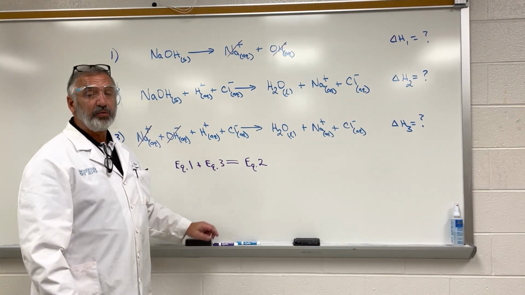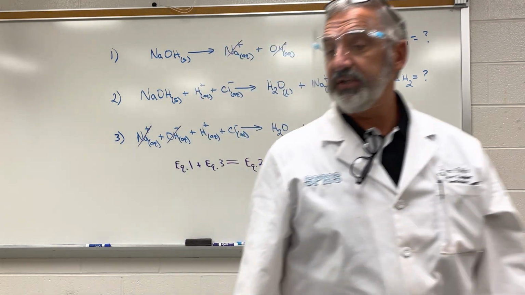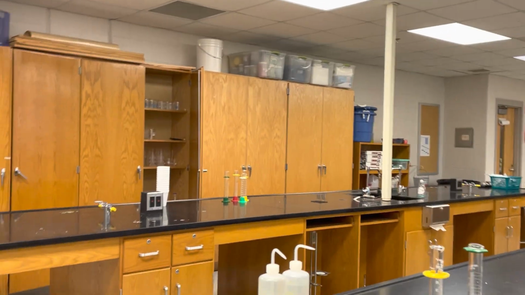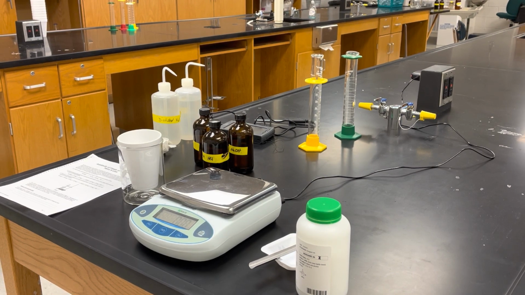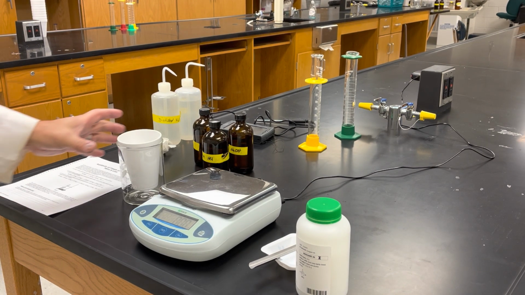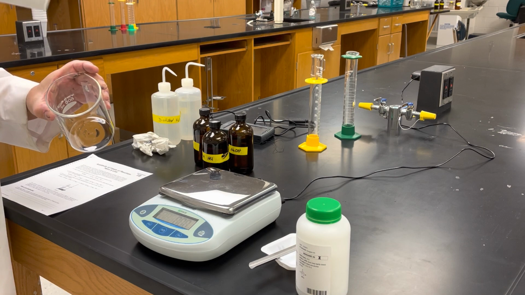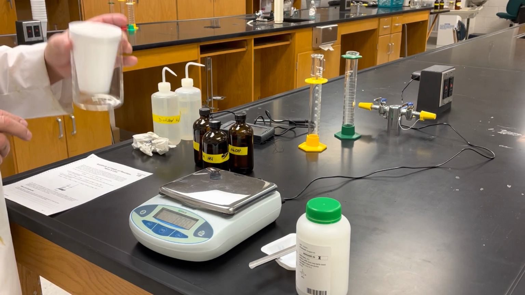So, in order to do that, we're going to be using a coffee cup calorimeter. Okay, and this is going to be our setup right here. Here's the coffee cup calorimeter. It's nothing but a styrofoam cup in a beaker.